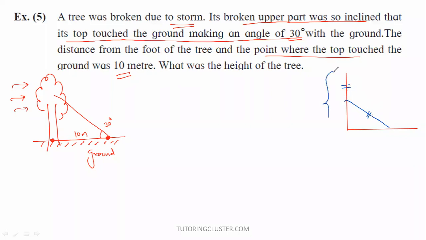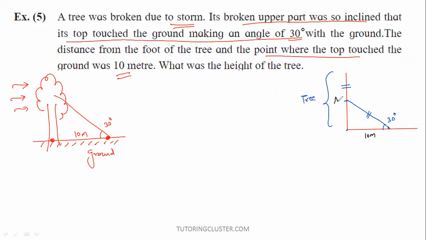This is your complete tree. Due to the storm, let's say it has cut here and it is resting on the ground, making an angle of 30 degree. And this distance is 10 meter.